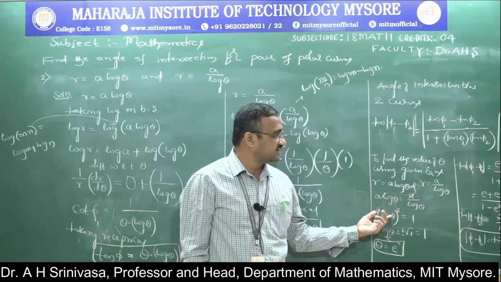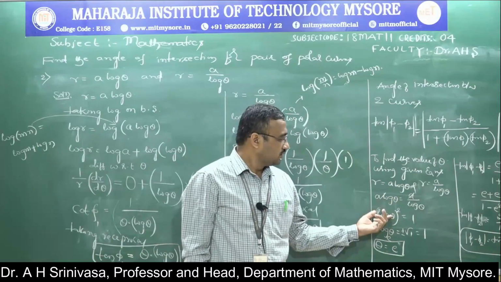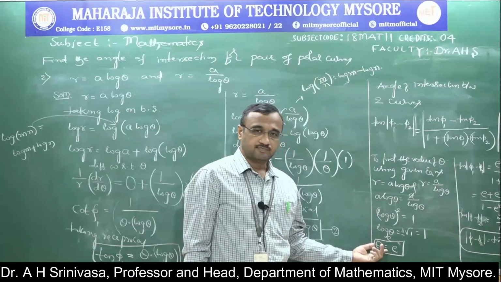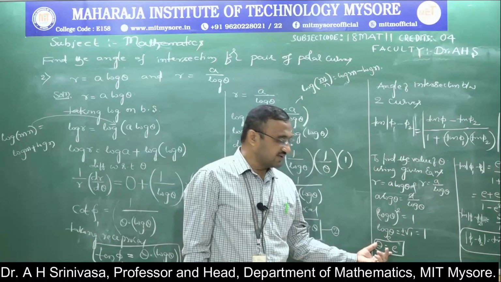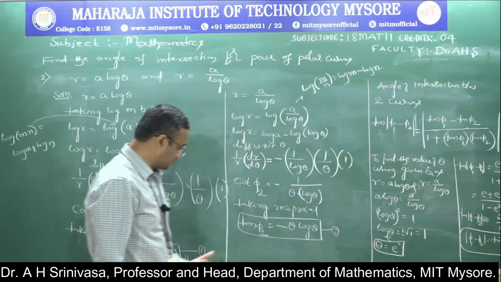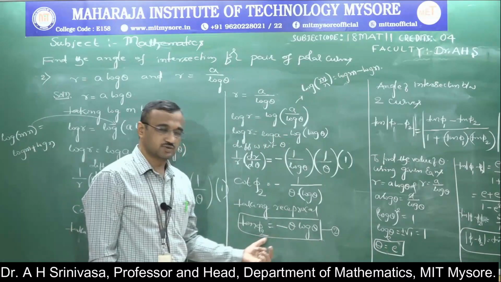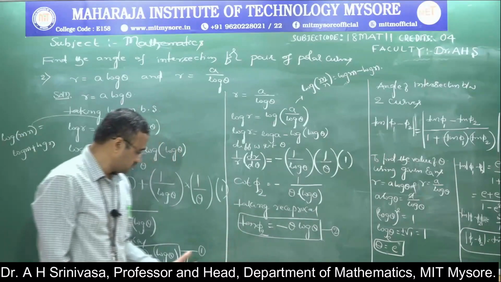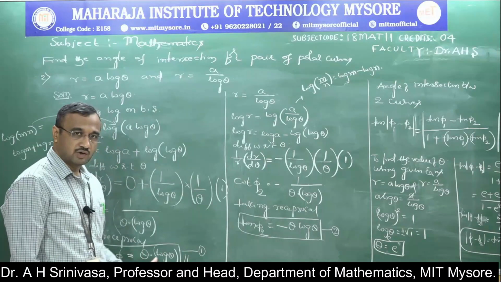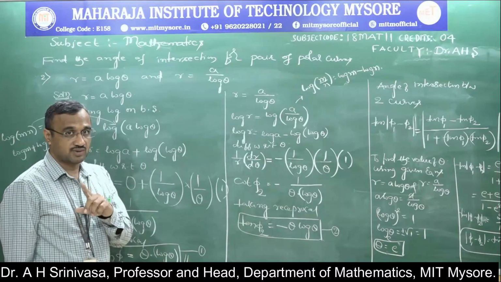If I equate this, we get the value of theta. The value of theta is e. After getting the value of theta as e, you substitute in equations 1 and 2. The substitution in these two equations gives e into log e. The value of log e is 1, you have to remember.